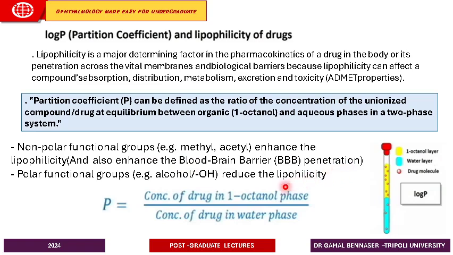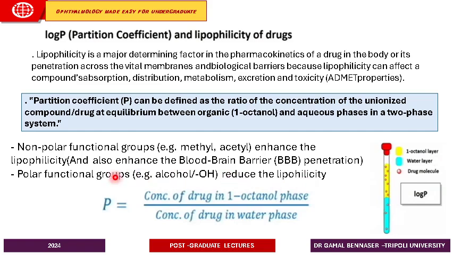However, the addition of a polar group, that's the alcohol or OH group, will increase the hydrophilicity or reduce the lipophilicity of that substance. So instead of being lipophilic, it will be hydrophilic.